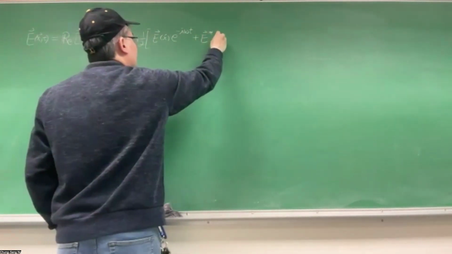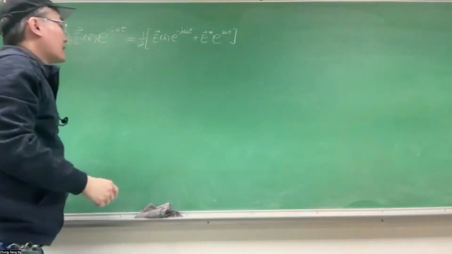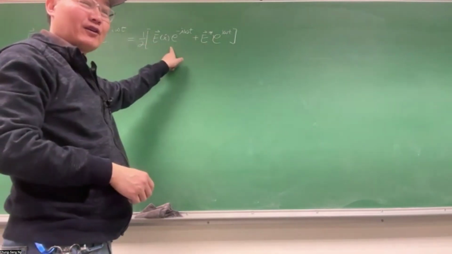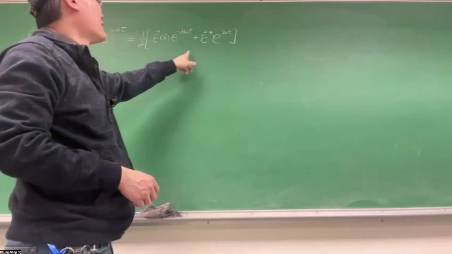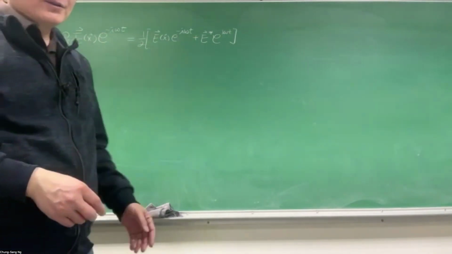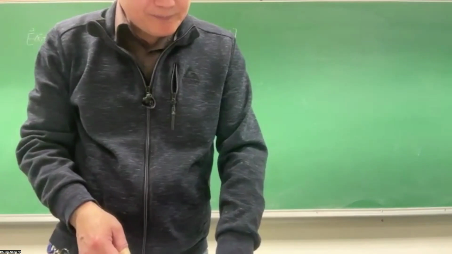That is what it means by taking the real part. Is that okay? All of you remember this one? A complex number plus its complex conjugate divided by 2 is its real part. Okay.